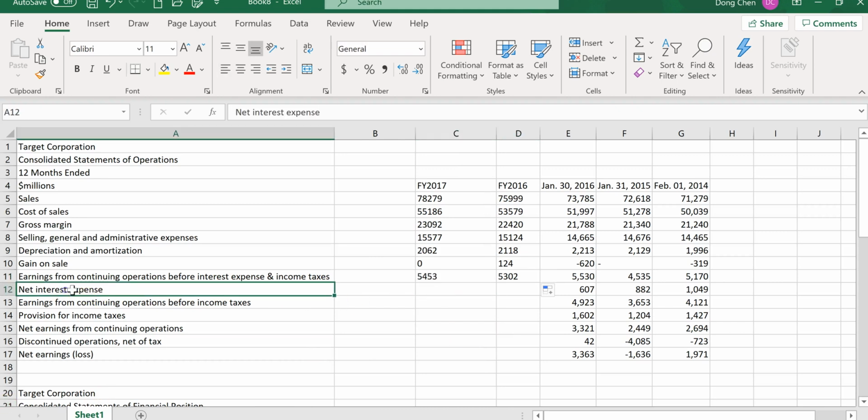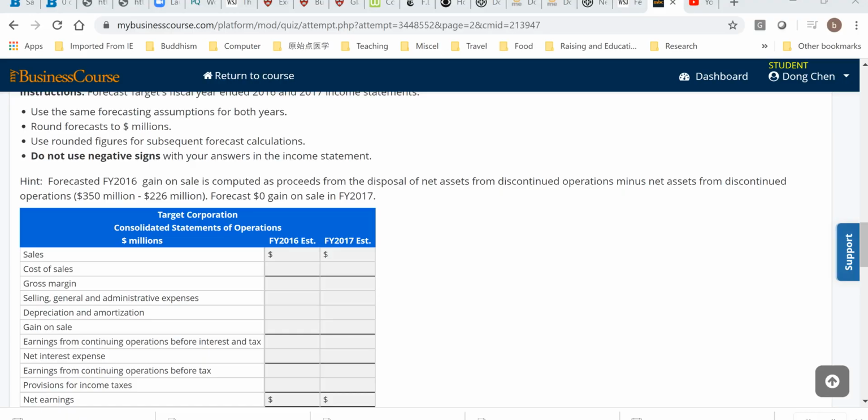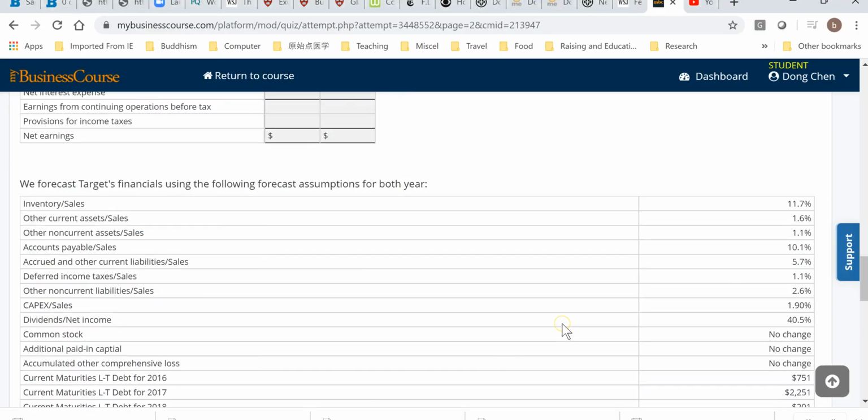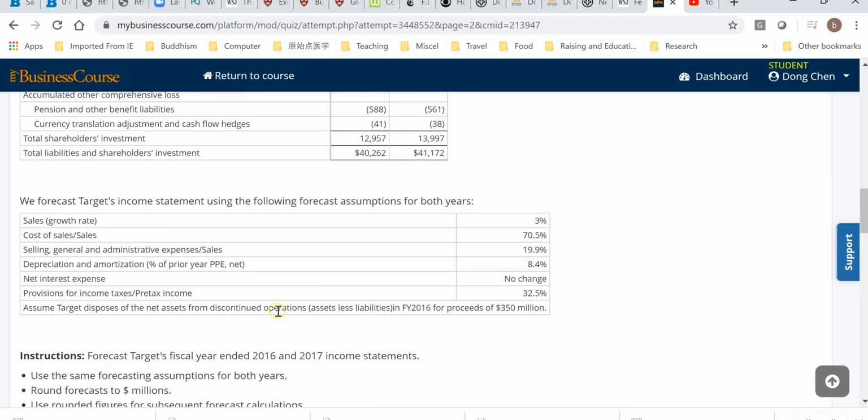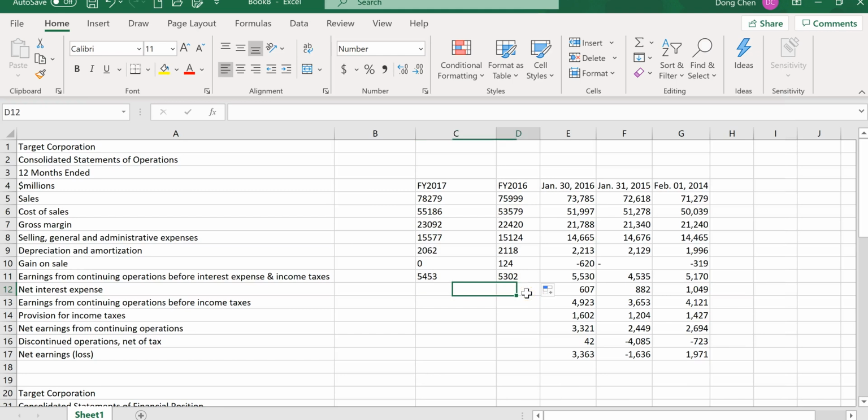Next item is net interest expense. Let's go back to the assumptions to see how we can figure out this number. Interest expense is no change, so we just assume it's going to be the same as the most recent year.